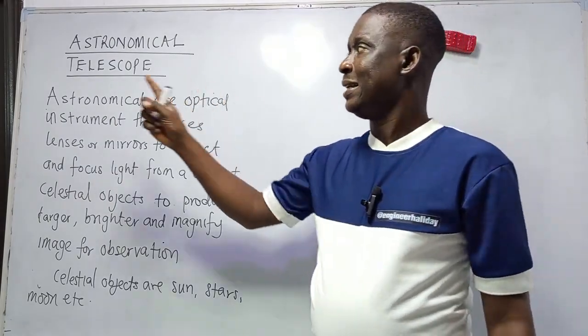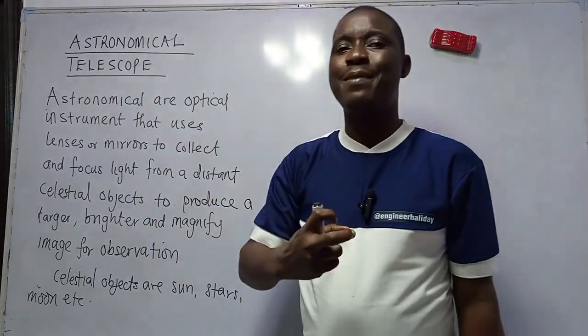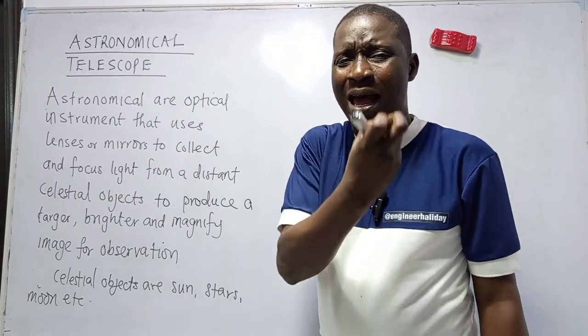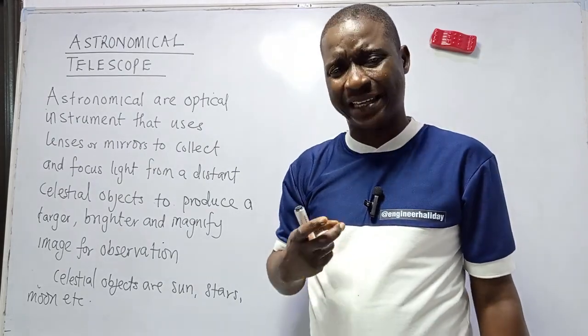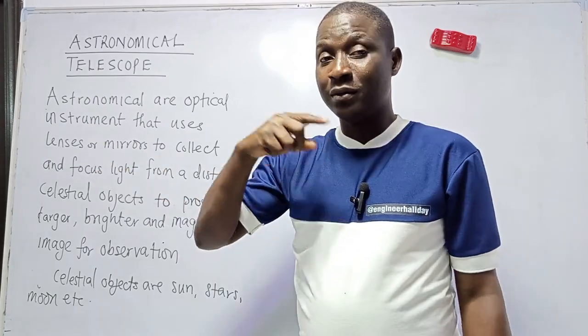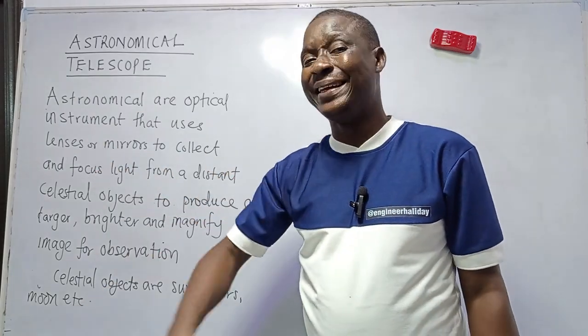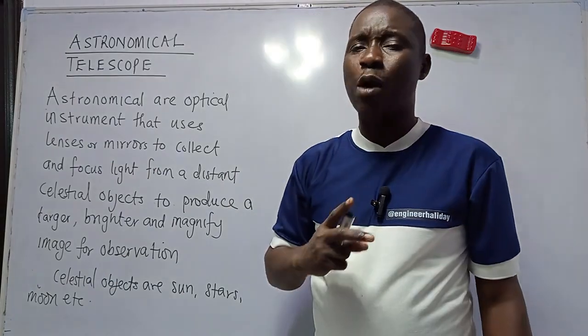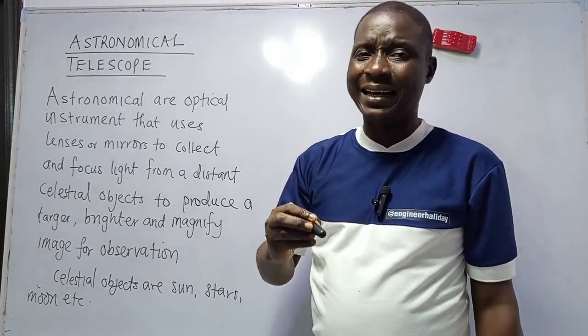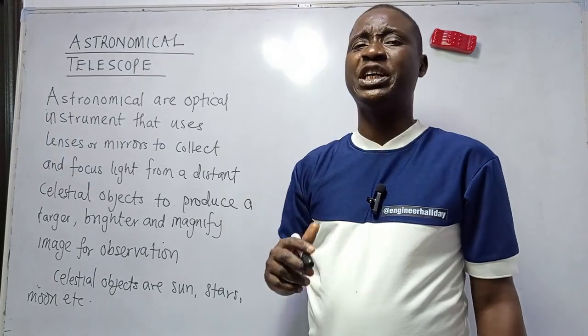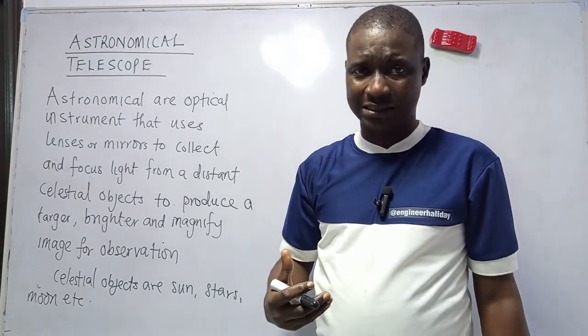But an astronomical telescope produces what they call an angular magnification, although the compound microscope produces linear magnification. I will tell you the reason why we call it angular magnification as the classes progress.